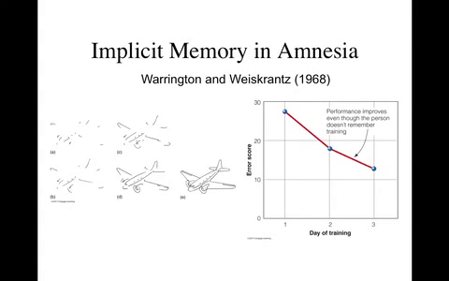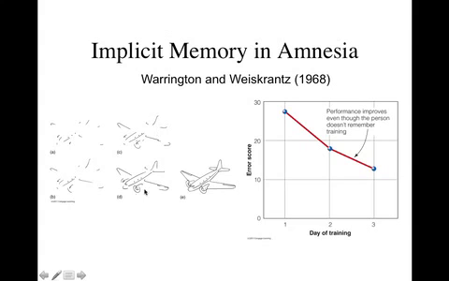Another example of this kind of implicit memory in amnesia patients, and this is an object recognition task. So here, what's different about this task and the others, besides being that it's a visual recognition task, is that in this case they were able to show, Warrington and Weiskrantz showed that over days of training, these amnesia patients' abilities improved.